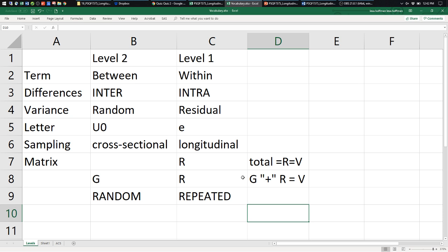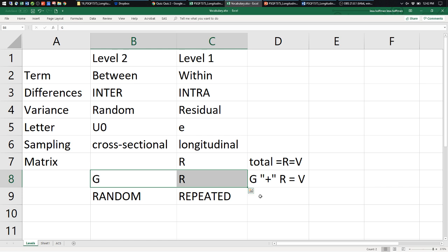Alternatively, and this is where compound symmetry can be specified either way, we can use 2 different matrices. We split the model into 2 levels explicitly. G is for level 2 variances. Those are random effect variances. So far we only know intercept. Today we're going to pick up random time slopes as well.